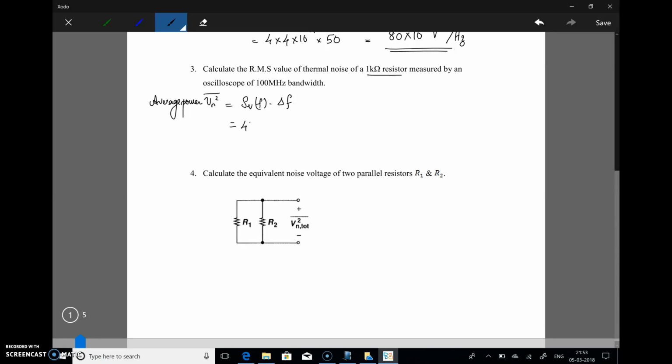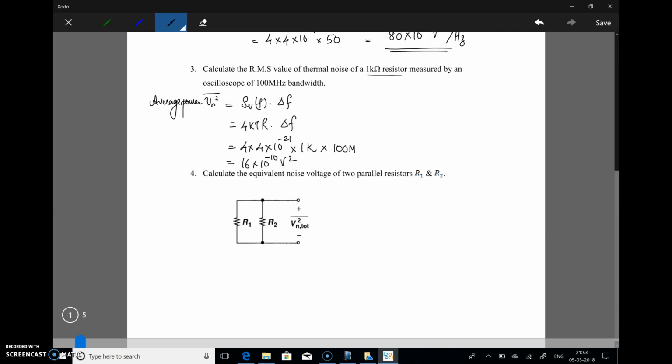Which is 4 kTR, multiplied by delta F. So this is equal to 4 into 10 power minus 21 into 1 kilo, multiplied by the bandwidth, which is actually 100 megahertz. So it is 100 mega. This will be equal to 16 into 10 power minus 10 V square.